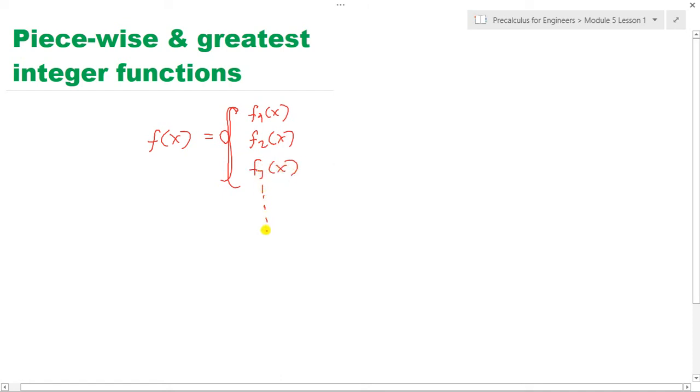Sa first column, ang function, and then second column kay domain nimo. Let's say ang domain nimo for function 1, for the next, and for the third kay lahi-lahi. So familiar ba mo ani?